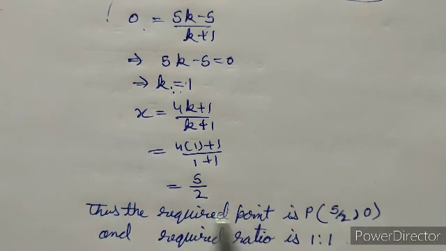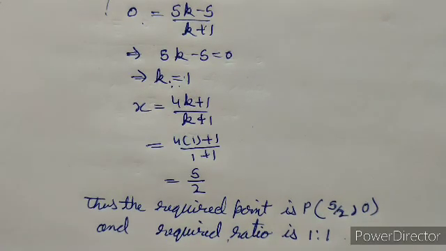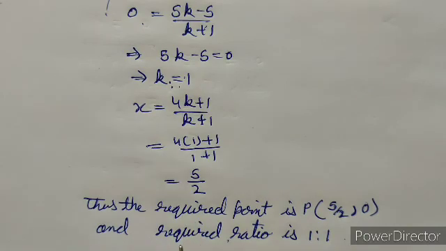So the required point, that was P here and that was x0, will be 5 by 2 comma 0, and the required ratio will be the value of k, which is equal to 1. So its required ratio is 1:1. That means this point P is midpoint of AB.